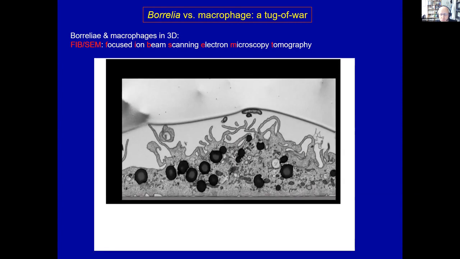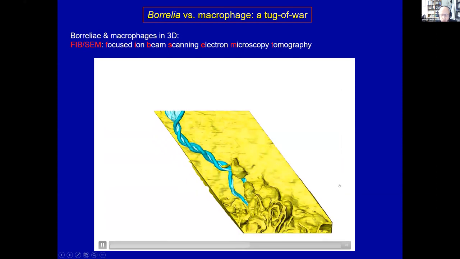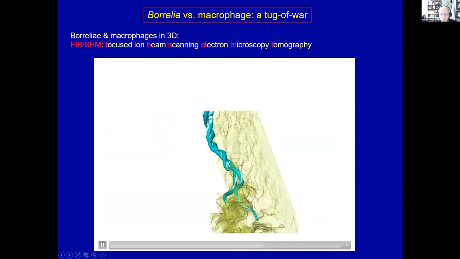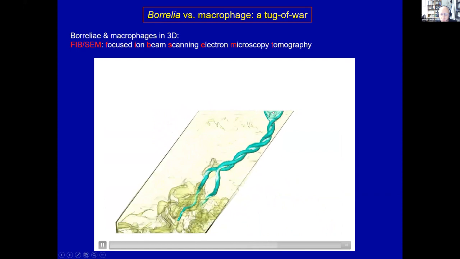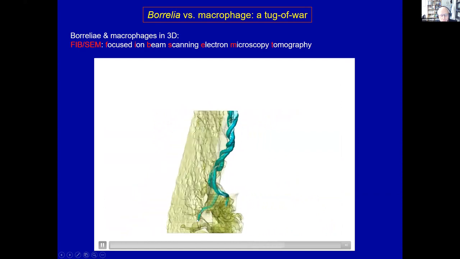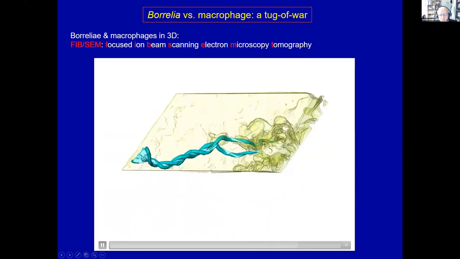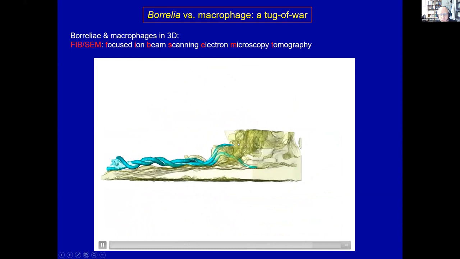Well, I say that so nonchalantly, but actually that's the work of hours and hours. But in the end, you get this pseudo-colored image of the macrophage surface here in yellow, together with these turquoise colored Borreliae that are in contact and embedded in this surface extension of the macrophage cell.